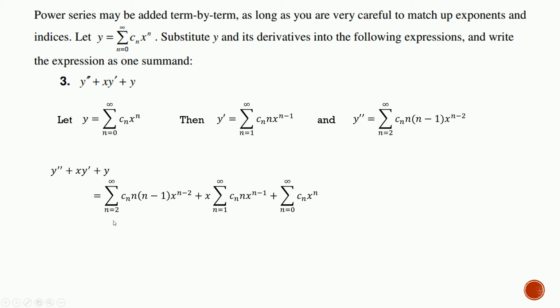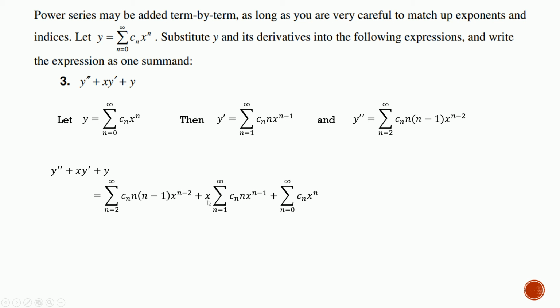Now, in order to combine these into a single sum, there are a couple of steps that I need to take. The first one is I need to look to see if there's anything outside of the sum that can be brought inside. Specifically, anything that contains x.